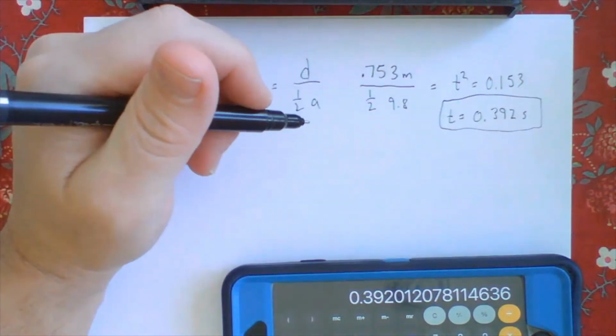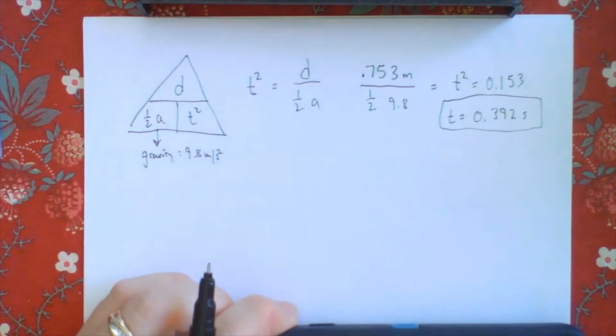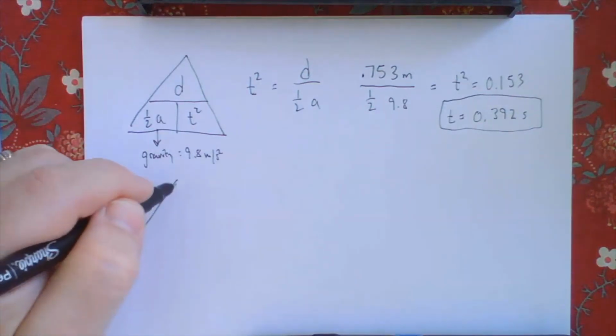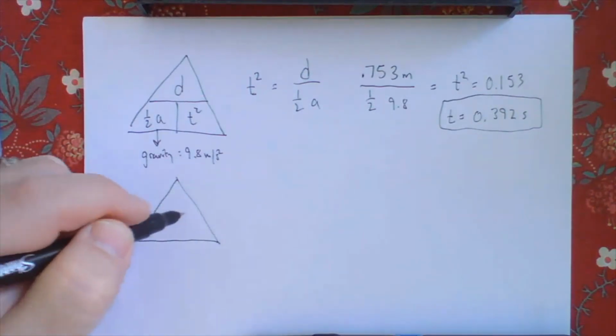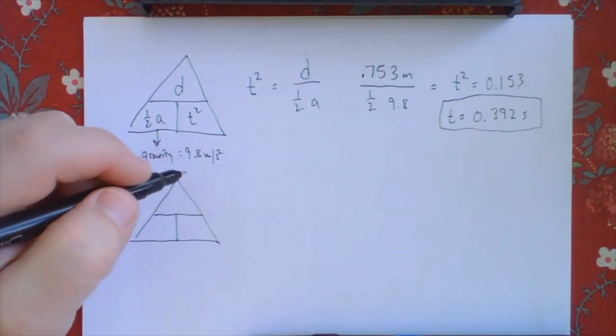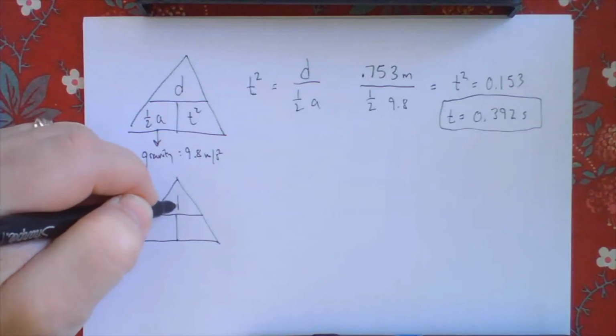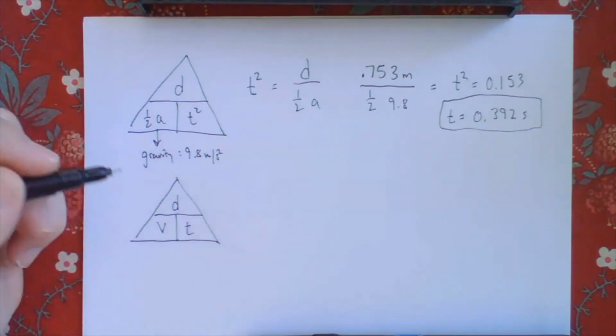I can then take my velocity that the car had. So again, now we're going to another triangle. So we're going to figure out our distance based on that speed. So our distance is velocity times time.